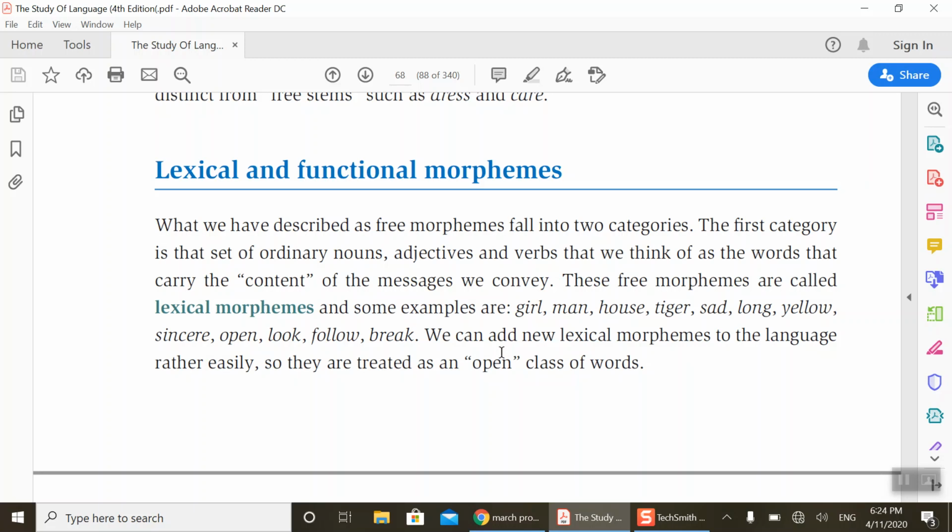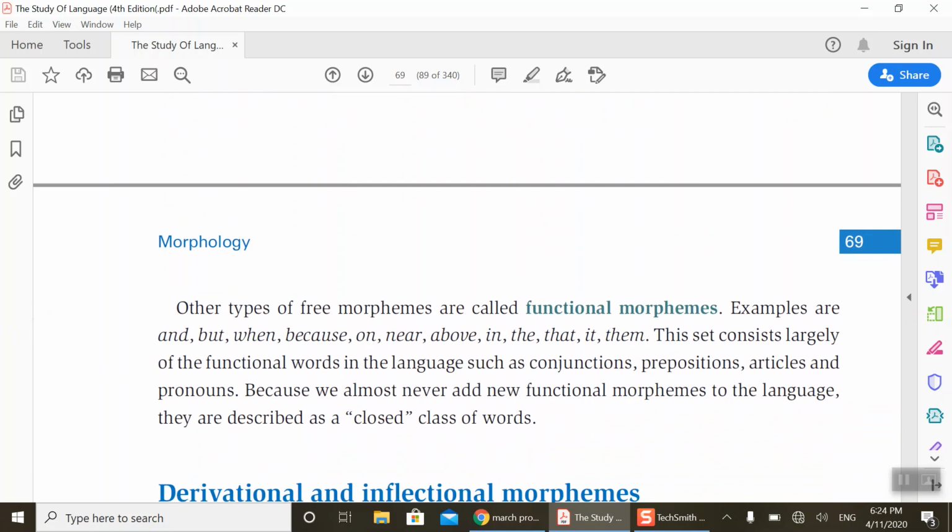New words are daily being added to the dictionary. Many new words come with a new meaning. Some words disappear, some words are added, some words are changing. Some words have new connotations, new meaning. So this is the open class of words.